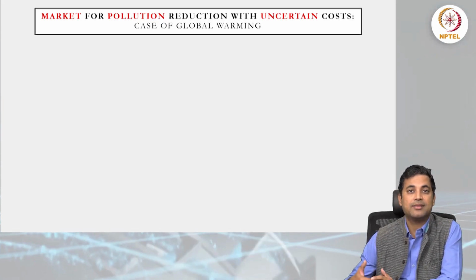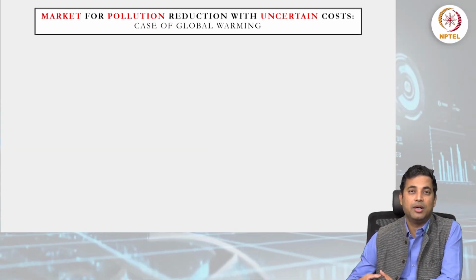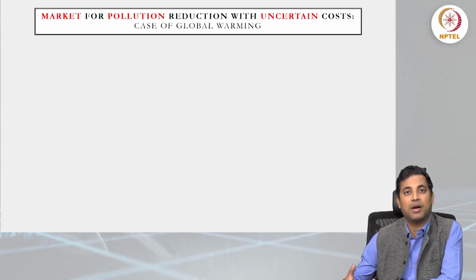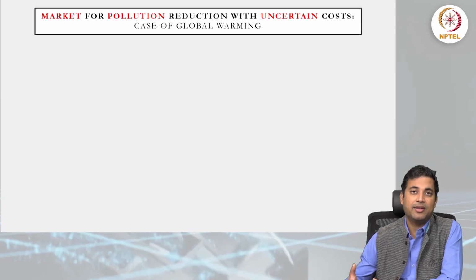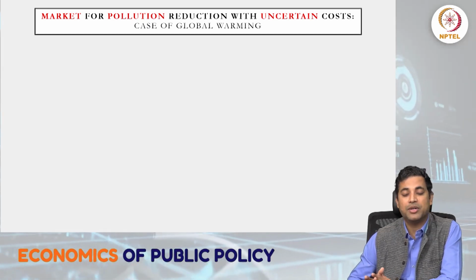In one sense, when we try to increase pollution reduction, the cost increases, and therefore marginal cost increases, and therefore one really needs to understand what the market for pollution reduction is.